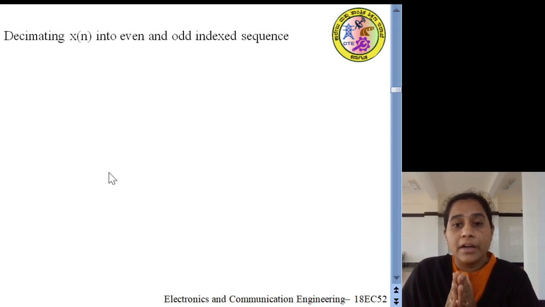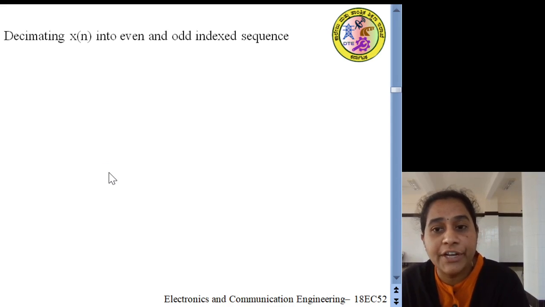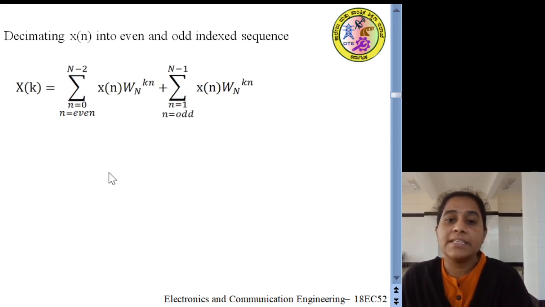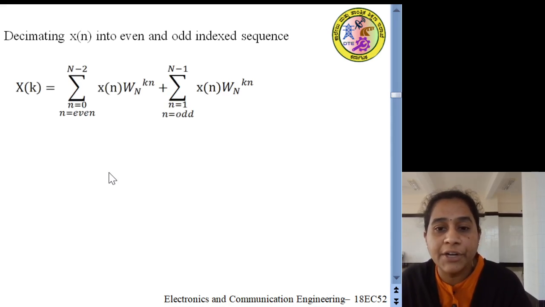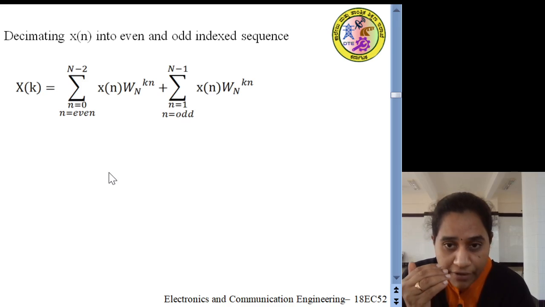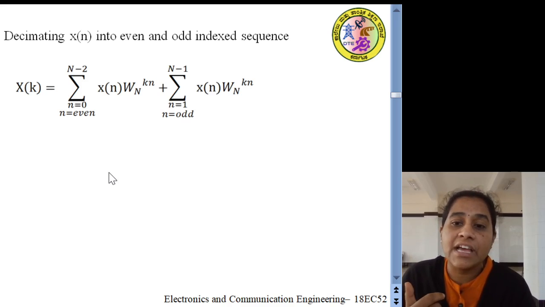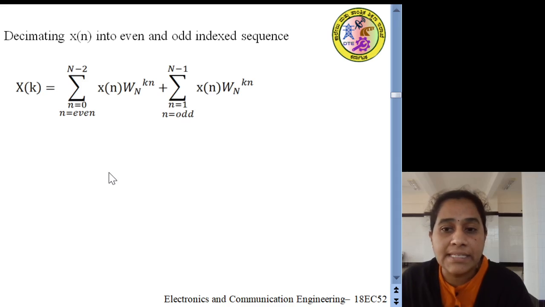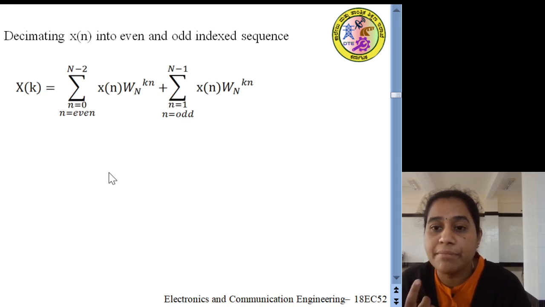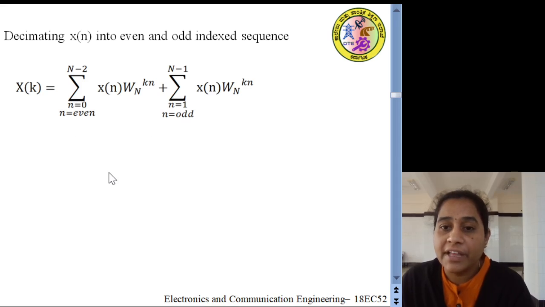Now if we decimate or split our time domain signal x of n into even and odd index sequences, what we obtain is X of k divided into summation n varying over even values from 0 to N minus 2 of x of n into W N raised to the power of kn, plus summation n varying over odd values from 1 to N minus 1 of x of n into W N raised to the power of kn.